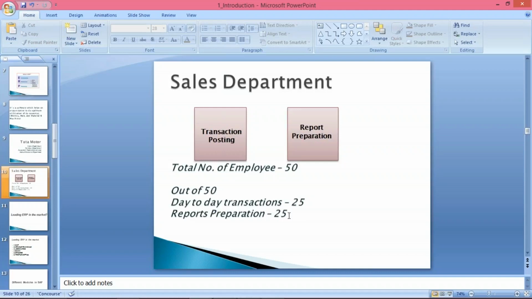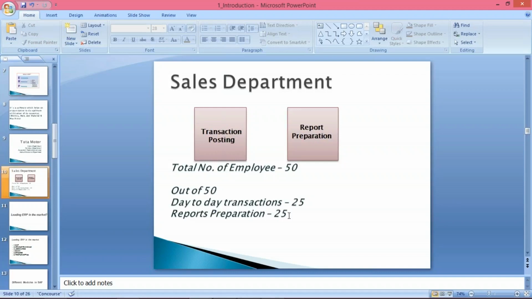Why? Because now this ERP or this software is going to give you all the desired output, in the sense all the reports. It means reports will be prepared by this ERP automatically. The moment we post a transaction in SAP, what will happen?